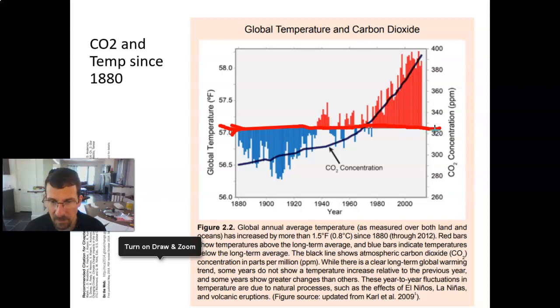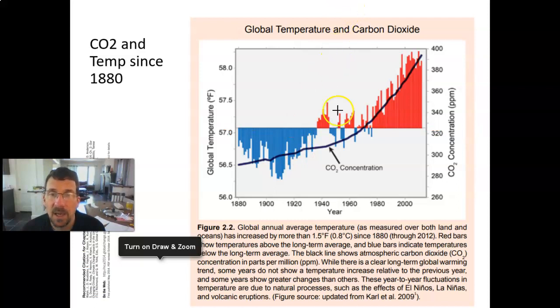Probably in this case, if we read down through the fine print at the bottom, the black line shows atmospheric carbon dioxide concentrations in parts per million. Okay, I'm not reading fast enough to pick up on it, but it usually is like picking some year. Oftentimes it's around the year 1960 or so, and saying, okay, let that be the baseline year for comparison.